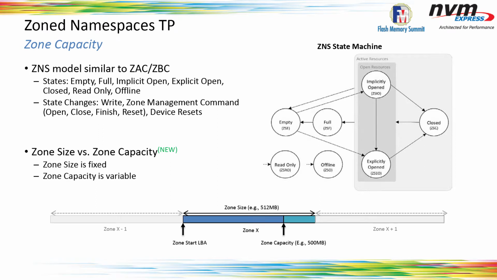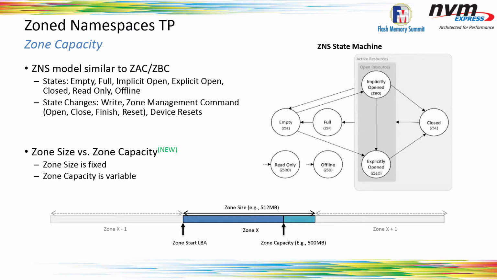Now, there are a couple of things where we're enhancing the zone model for SSDs, and that's in the area of zone capacity and this thing called Zone Append, which I'll talk about. Before I talk about zone capacity, here's the ZNS state machine, and it uses the same basic states that ZAC and ZBC use.